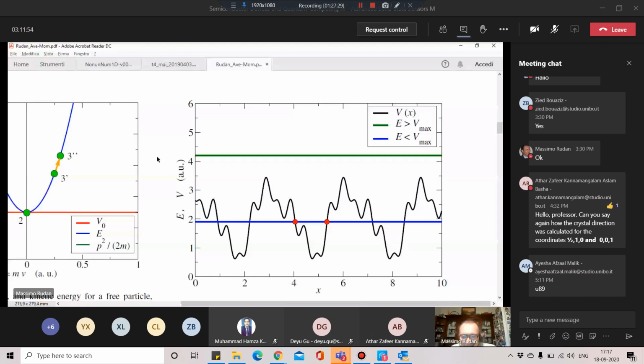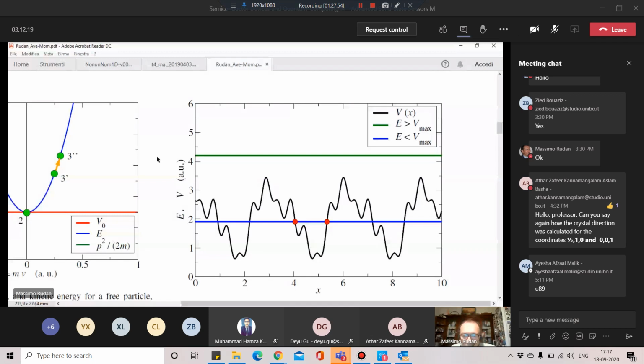Since we have a potential energy, again, the motion of the particle is conservative. That means that the total energy is independent of time. It is conserved in time, okay? It's some constant.